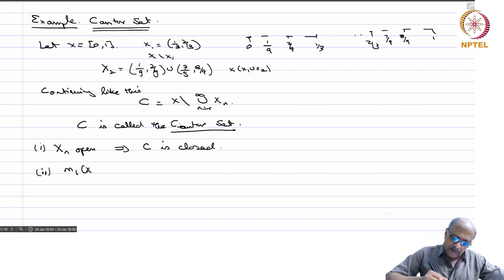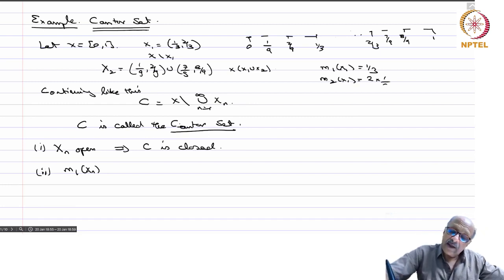Two. Measure of xn. So what is the measure of x1? m1 of x1 is equal to 1/3. m1 of x2 is 2 times 1/9. So m1 of x3 will be, there will be 4 such intervals, 1/3 cubed. So this is equal to 2 into 1/3 squared, 4 into 1/3 cubed.